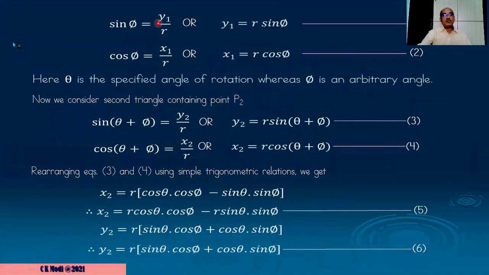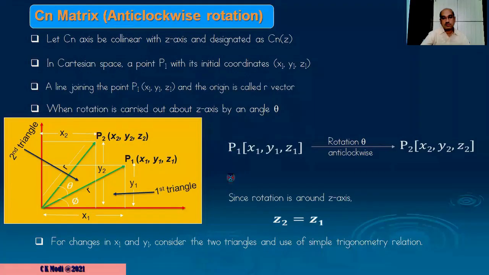Now, first concentrate on the first triangle. Phi is the angle from the x-axis, an arbitrary angle, and theta is the true angle of rotation. In the first triangle, what is the value of sine phi?